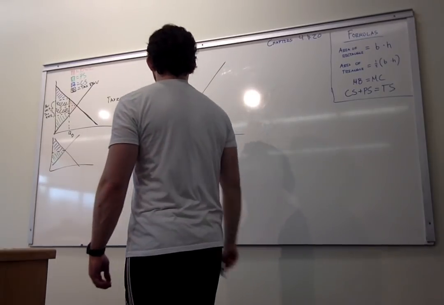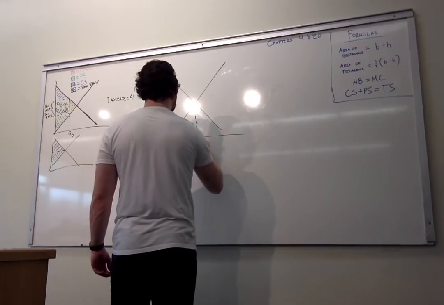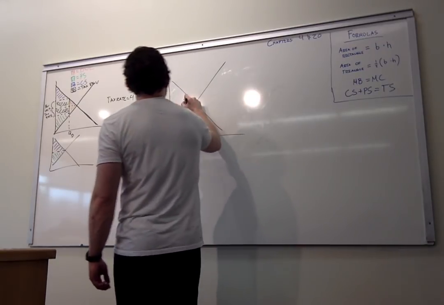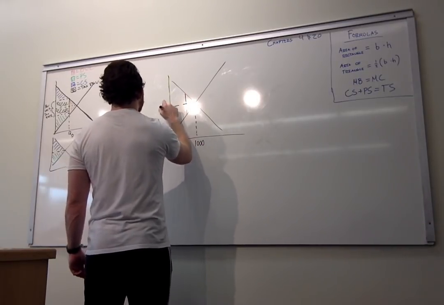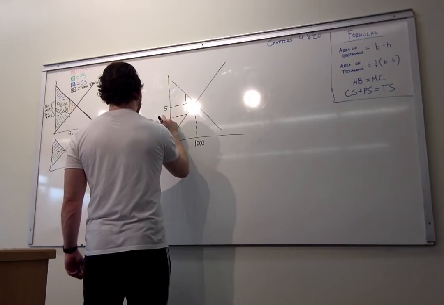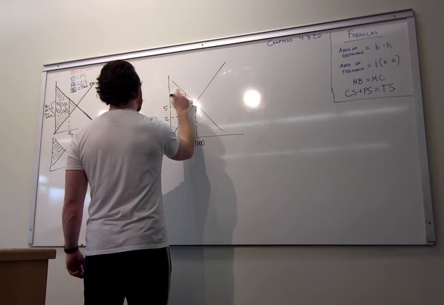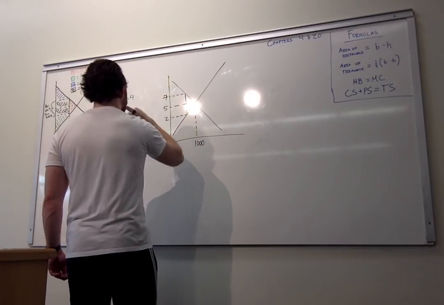Okay. So let's say we have this market right here. This represents 1,000 units. And then we get a tax imposed of 5.